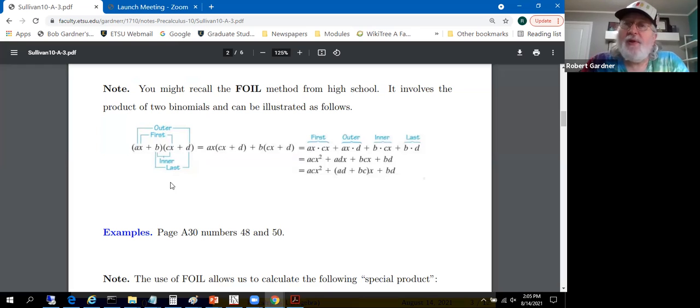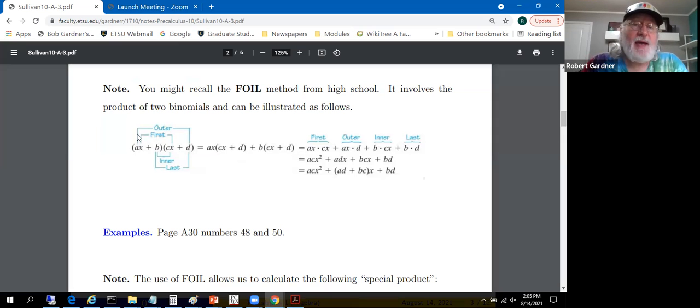And FOIL fits into this because when you multiply out, forget all the distribution stuff. That's where it comes from. But what it results in is a product of the first, the outer, the inner, and the last. FOIL, first being this one and this one. These are the two firsts, as it says. AX times CX. We got it from the distribution.